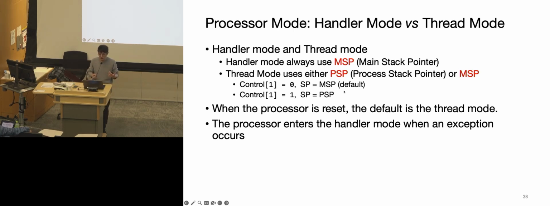In thread mode, the normal program part like the main functions in your program, we can use both of them, decided by the control bit in that special purpose register. And again, in our class, we mainly use the main stack pointer.